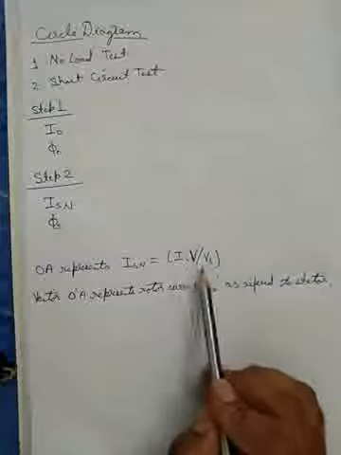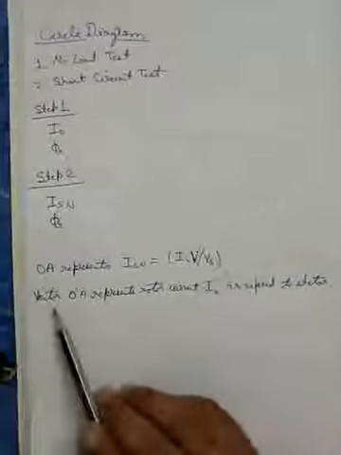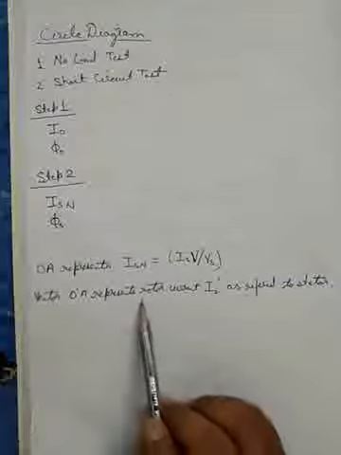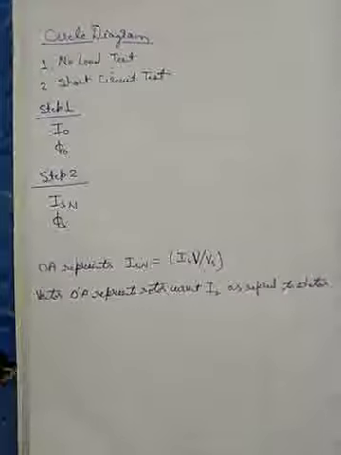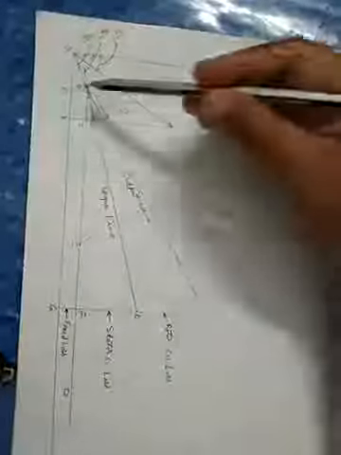OA represents ISN, which is IS times V by Vs, and vector O dash A represents rotor current I2 dash as referred to the stator. Now it clearly says that A and O dash both lie on the circle.